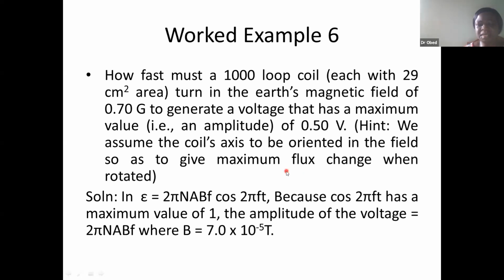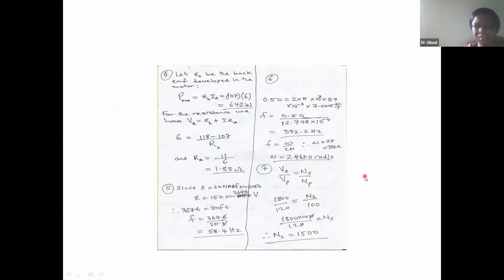In the second class, we went through the different orientations of magnetic fields and currents, and we arrived at different equations for the magnetic flux. So this particular problem, number 6, is solved this way.